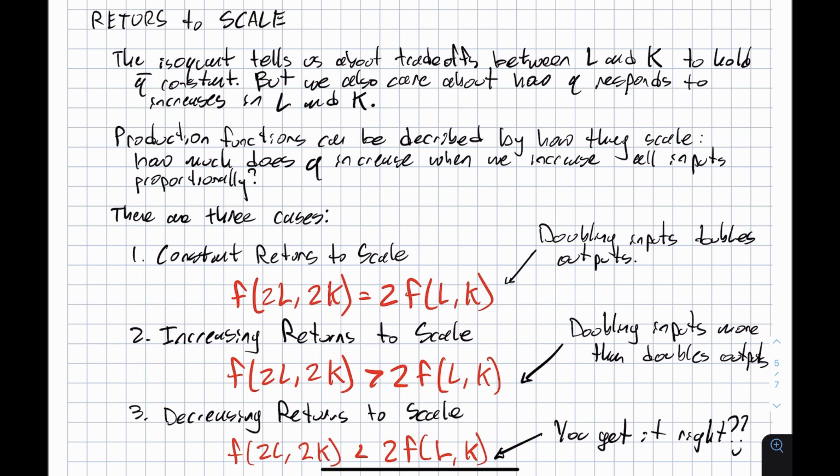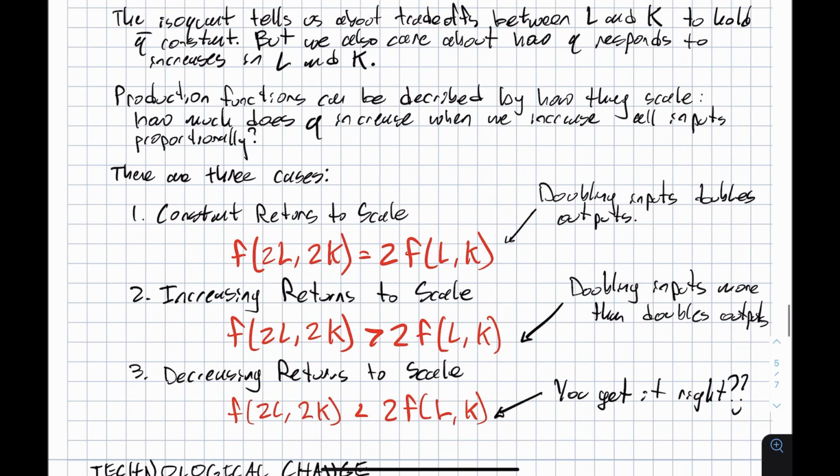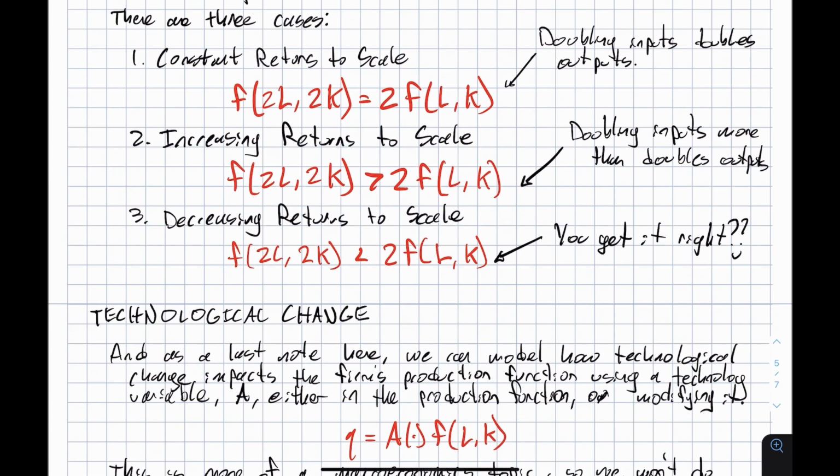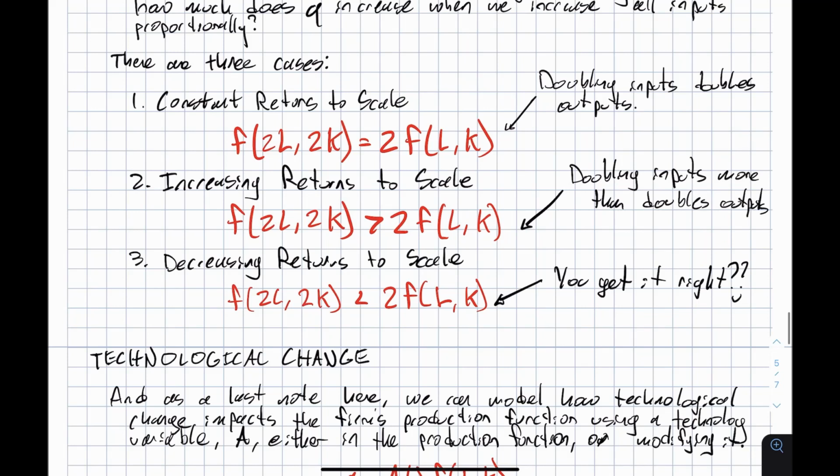How is Q responding to simultaneous increases in L and K? So we have three cases. The first is what we call constant returns to scale. So when we double the inputs, when we put a 2 up front in front of the inputs, we're doubling our output.